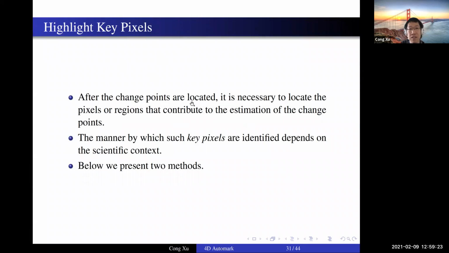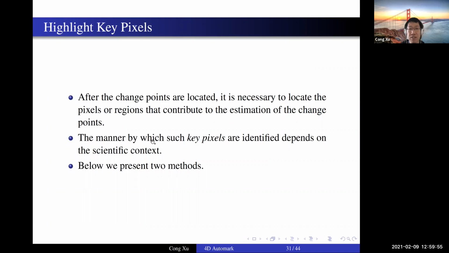After these change points are located, sometimes it's of great interest for astronomers to locate the pixels or regions that contribute to the estimation of the change points. It's which part in the whole space contributes to that change point, because that part just keeps increasing at that time or something else. We are interested in that kind of thing.